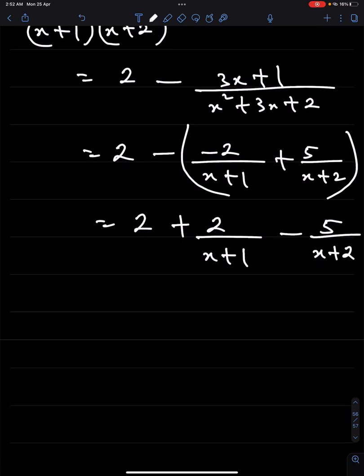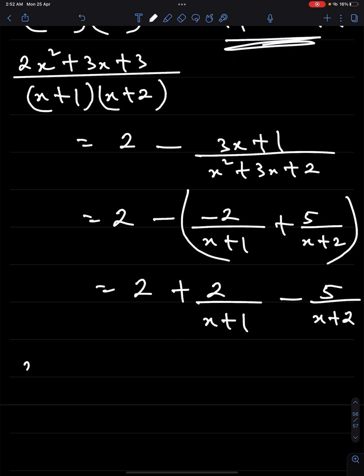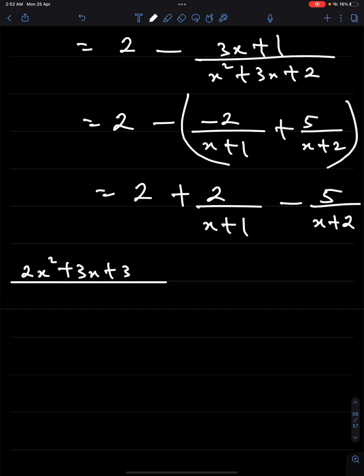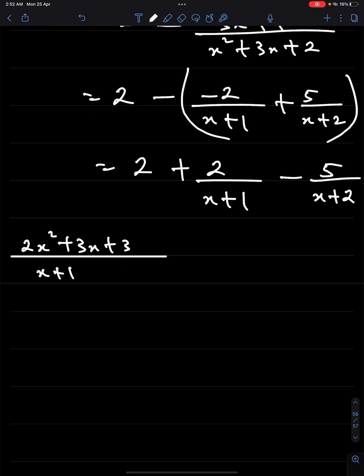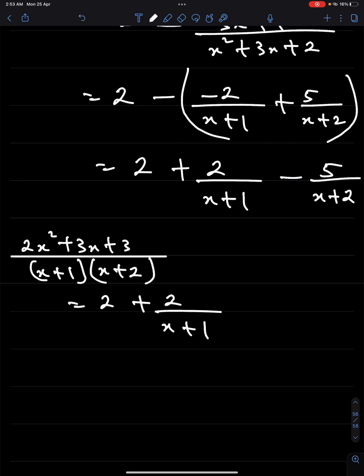So that simply means therefore that 2x squared plus 3x plus 3 over x plus 1 times x plus 2 equals 2 plus 2 over x plus 1 minus 5 over x plus 2.